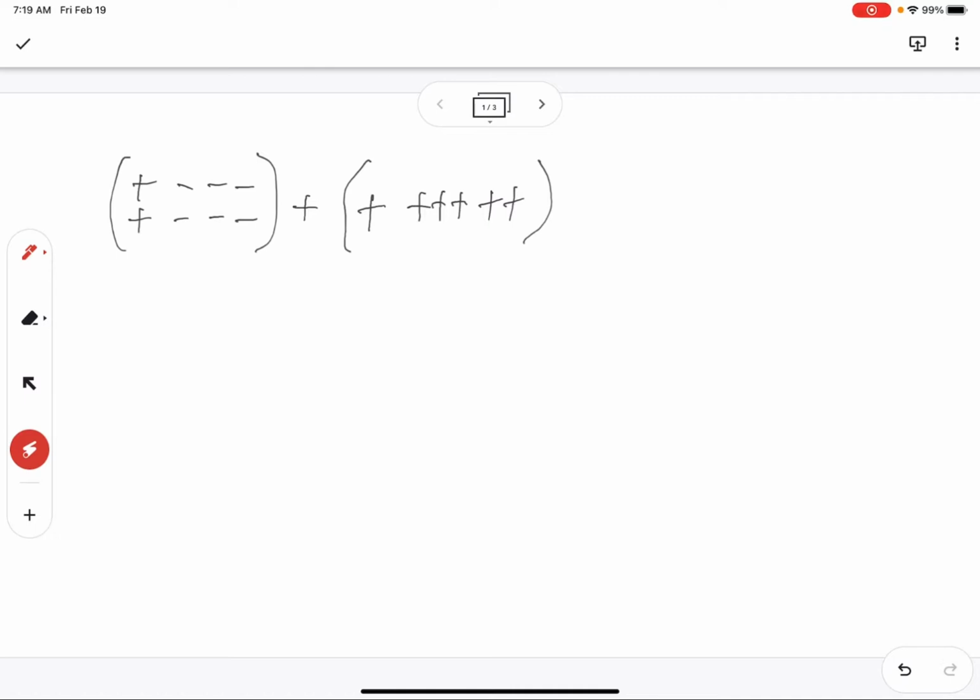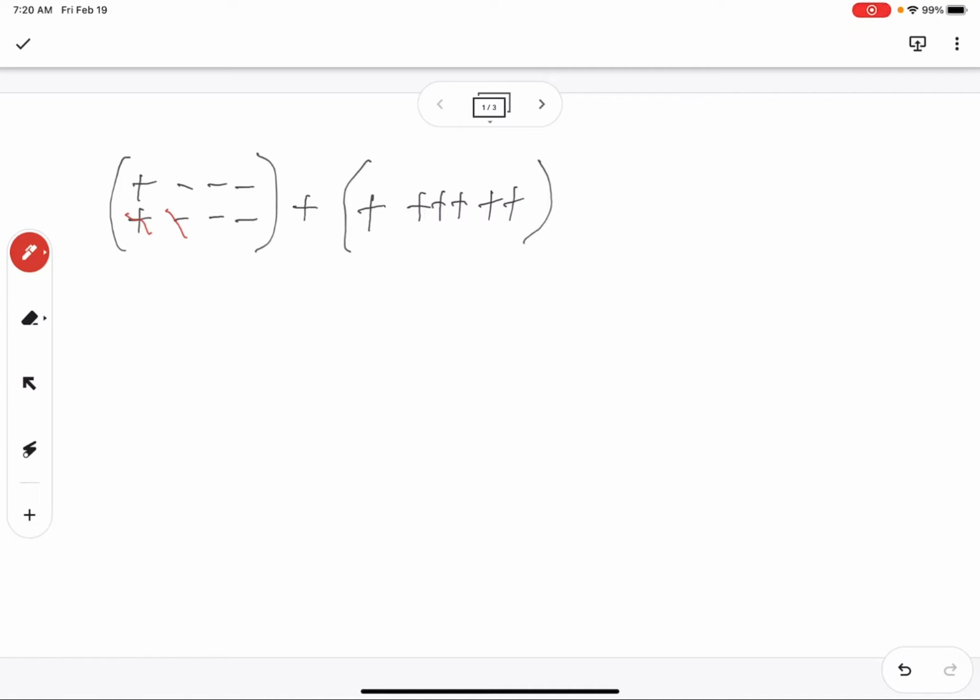But either way, if you have a positive 1 and a negative 1, so a plus and a minus, and you add those together, what happens? Well, they cancel each other out, don't they?